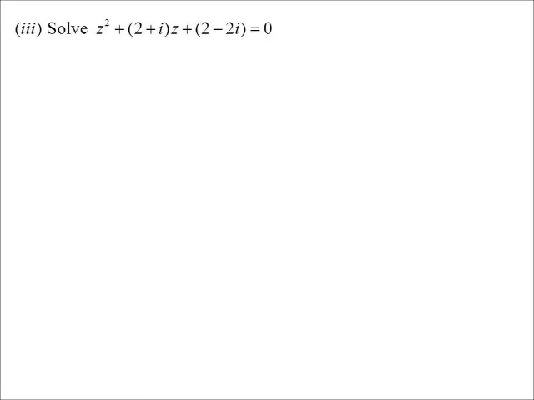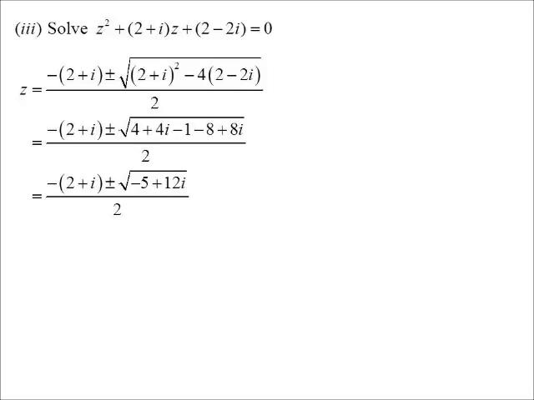Let's solve this equation. Okay, it's a quadratic. What multiplies together to give 2 minus 2i, adds together to give 2 plus i? You can take a while to think about that. It does work, but let's just go straight to our formula. Negative b plus or minus square root of b squared minus 4ac. Square root of minus 5 plus 12i. If only we knew that.